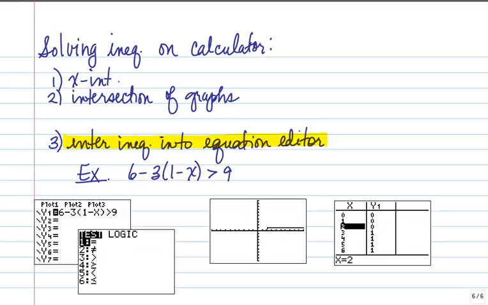Now I did want to point out here, the way that you get that inequality symbol to display is you have to press second and math, because what you want to get to is the test menu. And then you would just select the appropriate symbol. So here I needed greater than, so I selected number 3. Okay. And then graph.